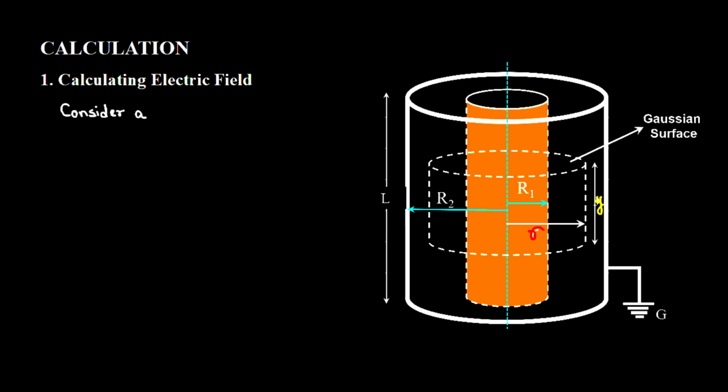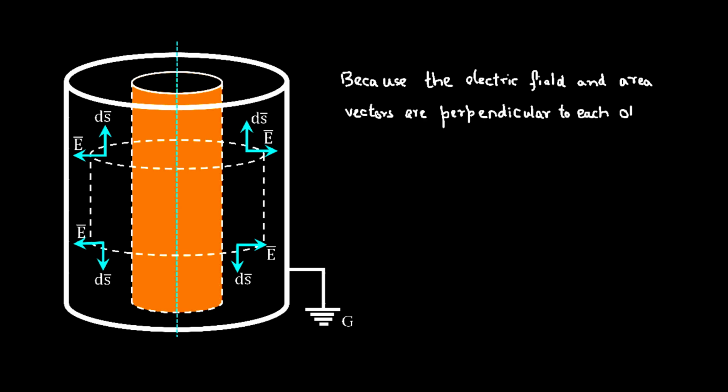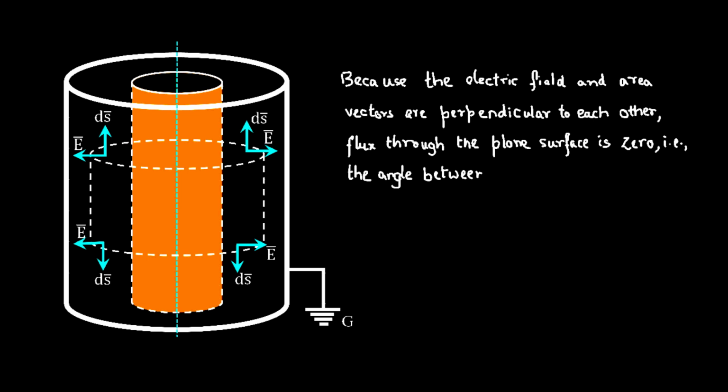Consider a Gaussian surface with length y and radius r, where r lies between R1 and R2. Because the electric field and area vectors are perpendicular to each other, flux through the plane surface is 0, that is, the angle between the E vector and the dS vector is theta equals 90 degrees, such that cosine of theta is cosine of 90 degrees, which is 0.